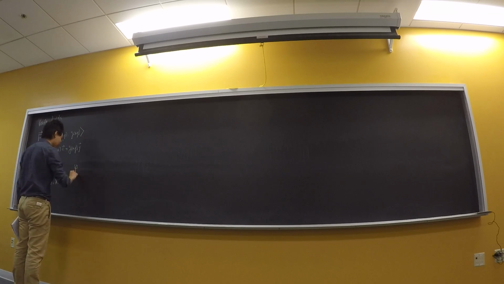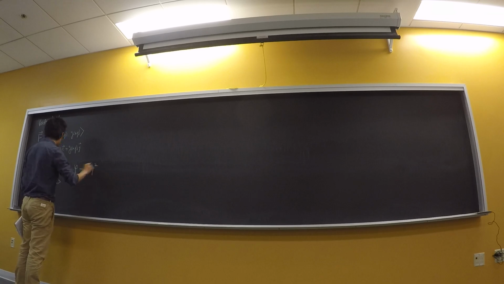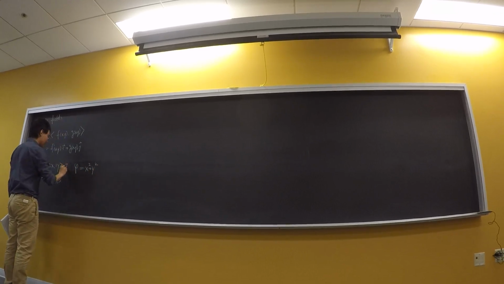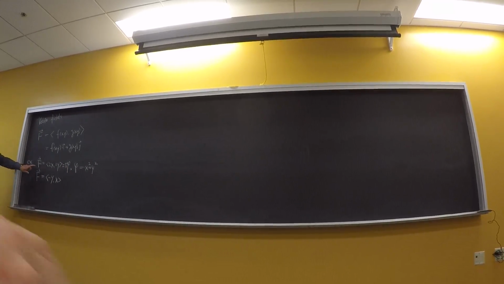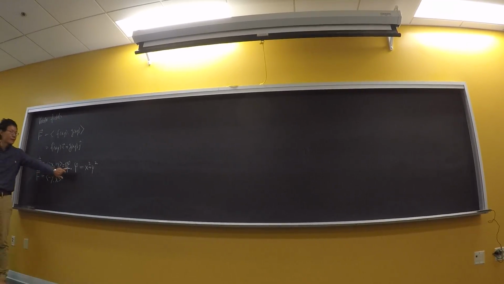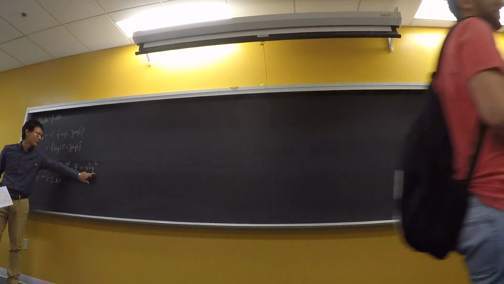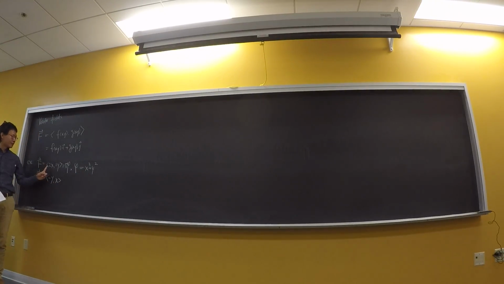So let's use the phi function, phi equal to x squared plus y squared, where this vector field can be written as the gradient vector field of a scalar function, all right? So I have a scalar function x squared plus y squared. I take the x derivative, I get 2x, the y derivative is equal to 2y.